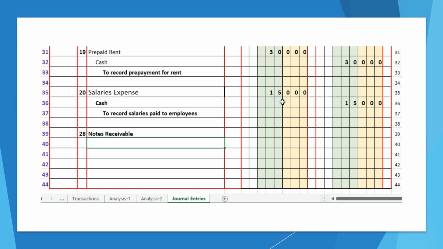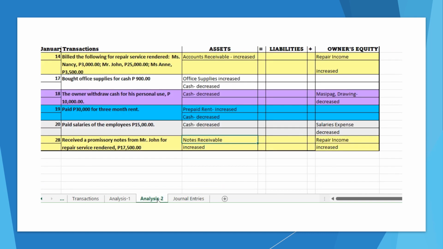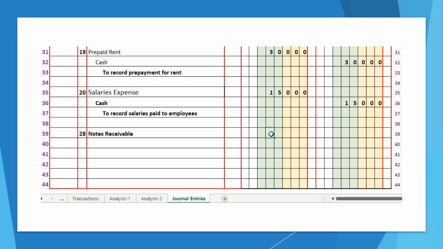How much? Okay, 17,500. And then, this is repair income. Repair income. So, 17,500. Okay? Any question?